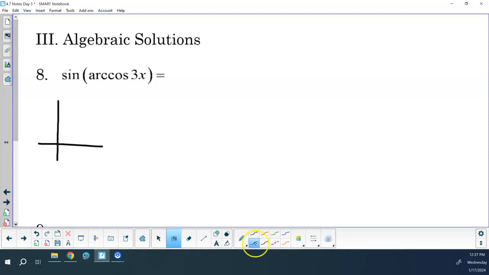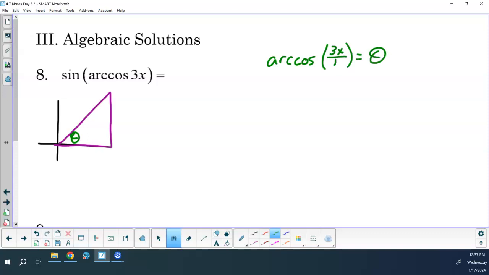So if I set this triangle up in quadrant number 1, here's my theta. I would be looking at arc cosine of 3x over 1 as my theta. Can I write 3x as 3x over 1?